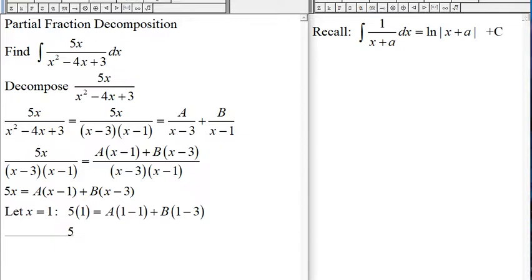So now we have 5 equals... 1 minus 1 is 0, and then 0 times a is 0. 1 minus 3 is negative 2, so we have negative 2b. And then dividing by negative 2, we have b is equal to negative 5 halves.